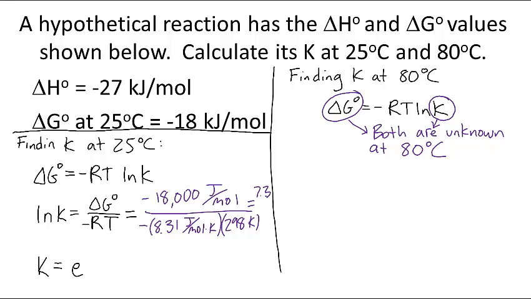So K itself is going to have to equal e to the 7.3. That's the reverse of doing the natural log. So you have that button on your calculator. So e to the 7.3 was what, like 1,400 something? All right, 1,430. If you said 1,400, fine.